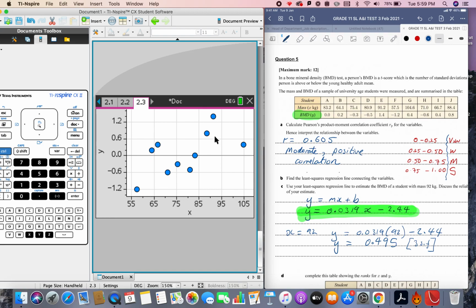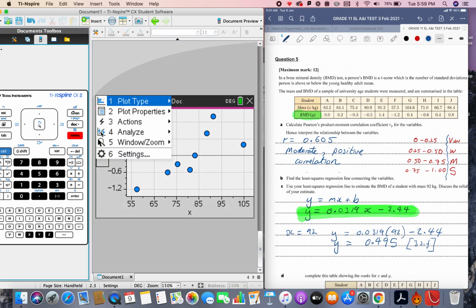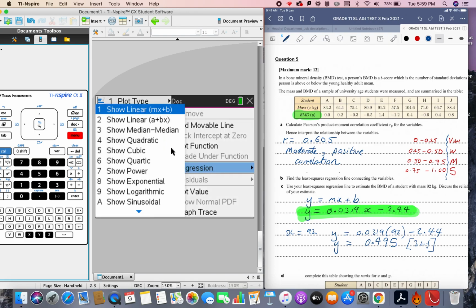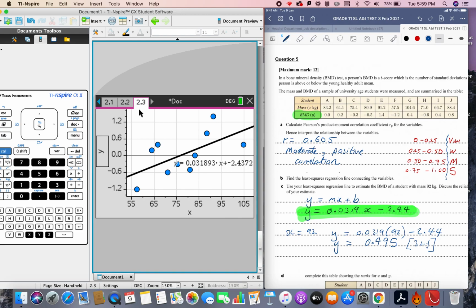If we're interpolating, we're not trying to predict someone with a mass of maybe 120 kg. That would be extrapolating, and there's a danger that we're not too sure what the model will do beyond this. If I do menu, analyze, regression, let's do that linear regression. We can see the equation of the line on there, and 92 is somewhere here, so it feels that we can use this line to estimate outputs for inputs.